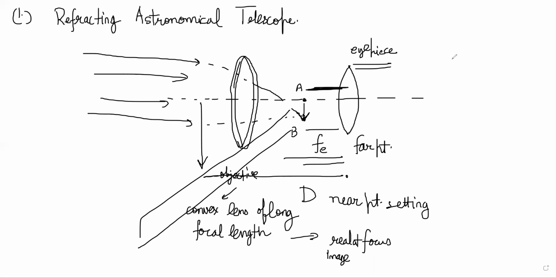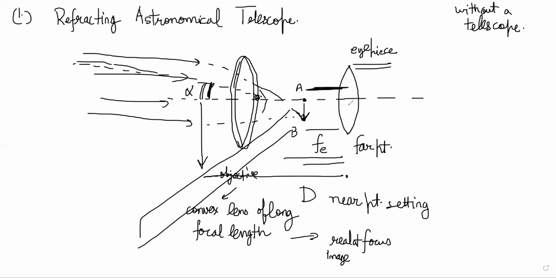So without a telescope, what was the size of the object? You can get a sense of that by looking at these rays and what angle it makes, right? This angle would be your angle, suppose your eye was here without the telescope, then this would be the angular size, right?